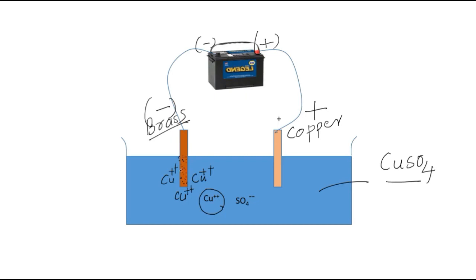There will be a kind of copper painting over it, right? And because of that, the copper which is there in the solution will be getting used up, and that is replaced by this copper rod, and this copper rod will start becoming thinner and thinner because it gives copper plus plus to this liquid. In a way we can say it starts dissolving into the liquid.